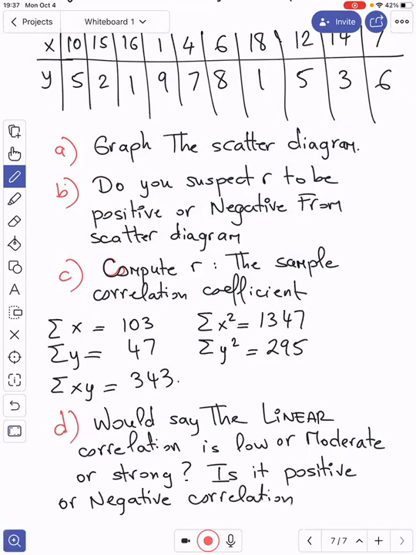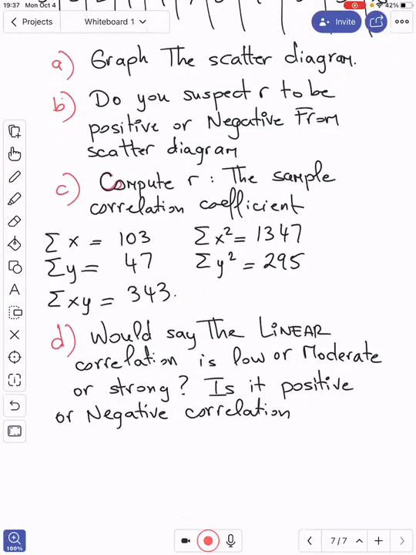And finally in E, we're going to use all this information to deduce if there is any correlation.